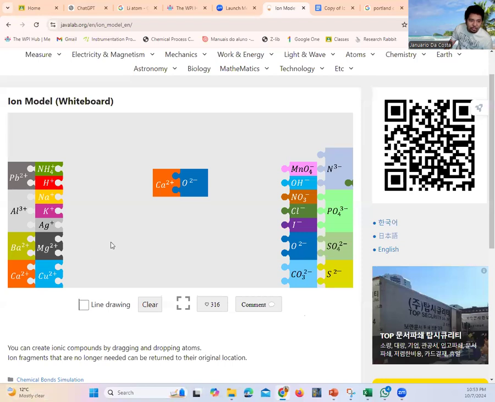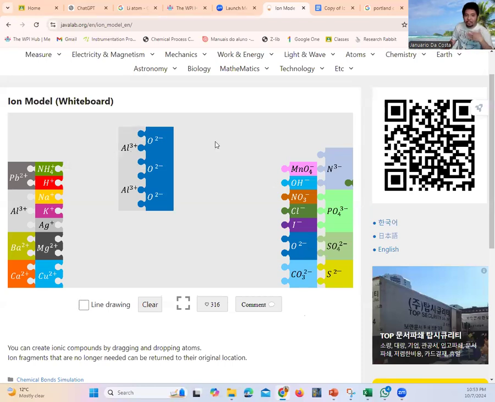So you need to have aluminum and oxygen, right? Aluminum has 3, oxygen has 2, so aluminum oxide is 2 aluminum atoms, 3 oxygen atoms.